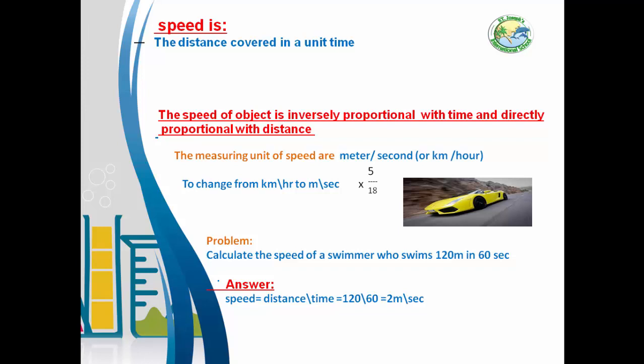Speed is the distance covered by the object in a unit of time. There are two factors affecting speed or motion. They are the distance covered by the moving object and the time taken to cover the distance.